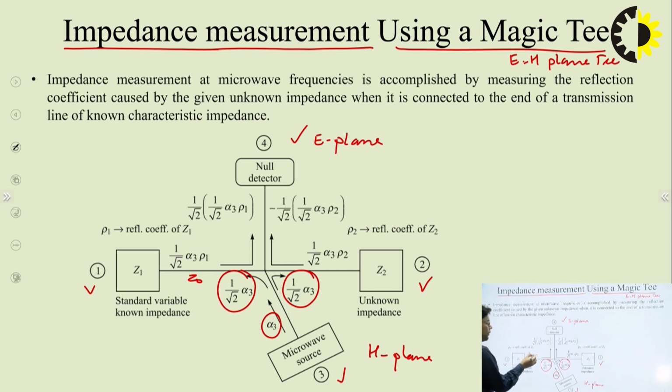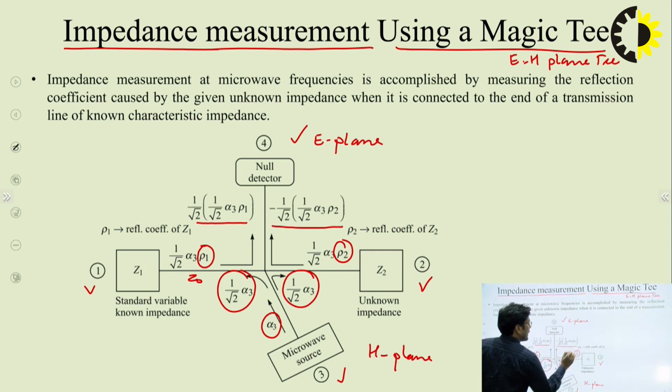So that's why we have the reflected voltage here, and in this voltage we have mentioned rho 1, that is a reflection coefficient. So we have considered the reflection coefficient here, and this is the reflected voltage. This is again the voltage that is received at the null detector.